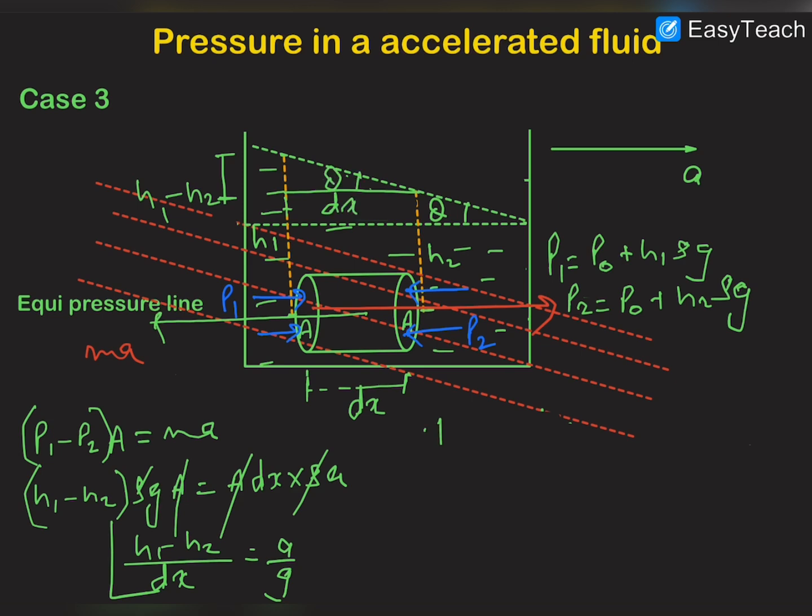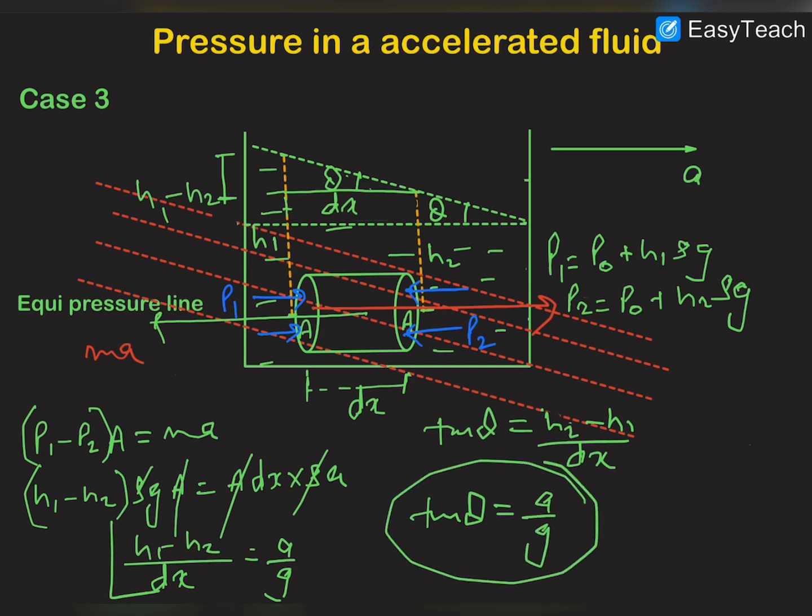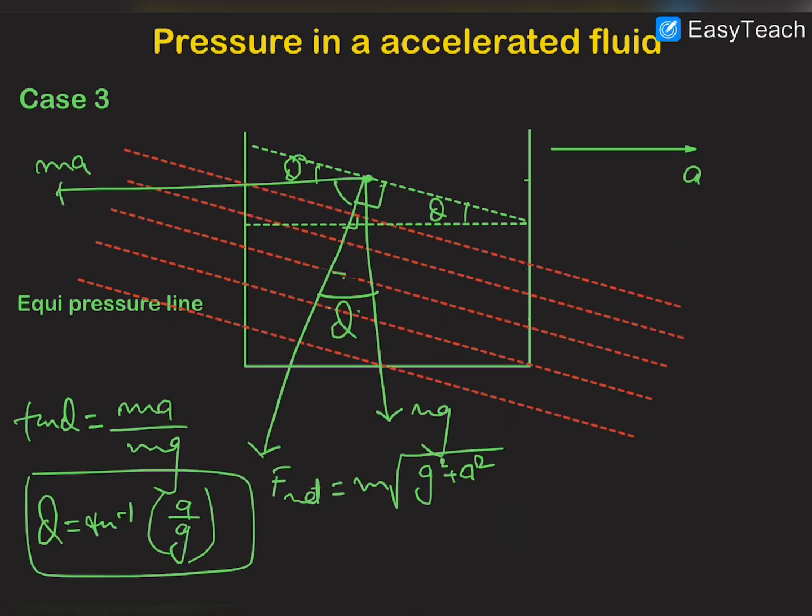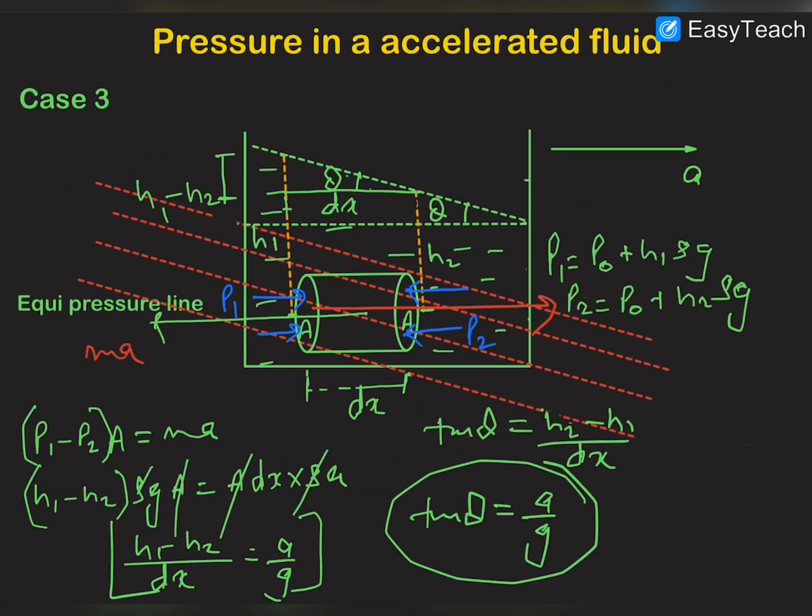So tan theta from this triangle will be equal to H2 minus H1 upon dx, and hence tan theta will be equal to a by g in this case. So this is the value of tan theta. We have already derived this value by the first method, and we have also derived it by this second method. Now let us move further and analyze the equipressure lines.